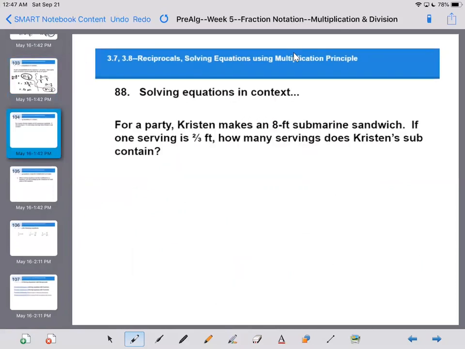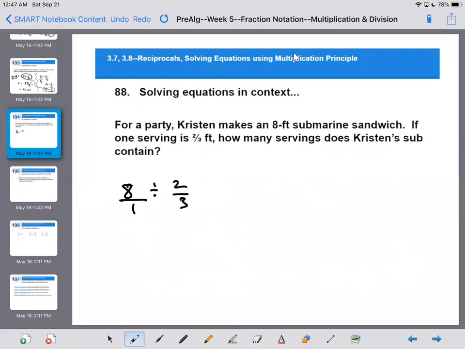If Kristen makes an 8-foot submarine sandwich, each person receives 2/3. Each serving is 2/3 of a foot. How many servings does Kristen's sub contain? So you're thinking, I need to get 2/3 into that piece there. That could be trying to get a common denominator. We'll look at both methods.